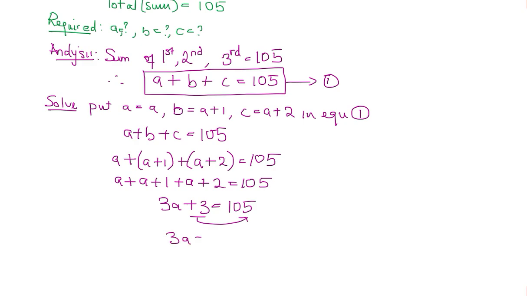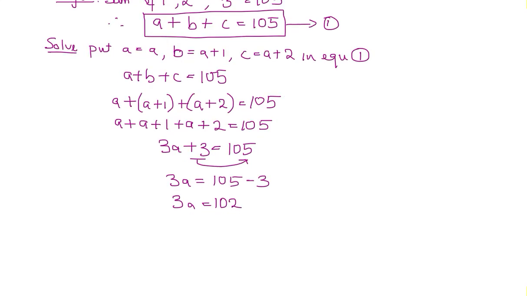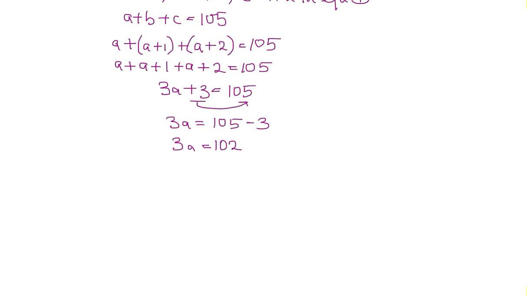Therefore 3A is equal to 105 minus 3, which gives us 102. And our next step is to determine what A is, which is to divide both sides by 3.